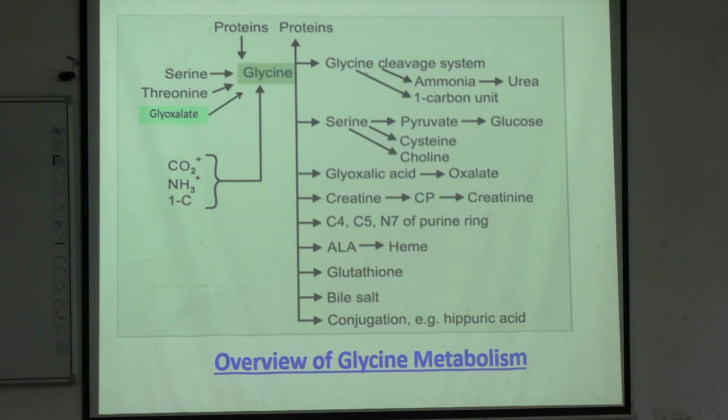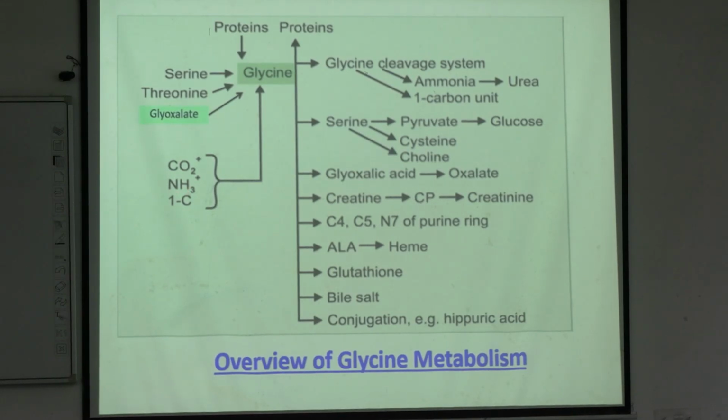And since ammonia is there, carbon, then the glycine can be produced. So N5,N10-methylene tetrahydrofolate contributes this carbon.